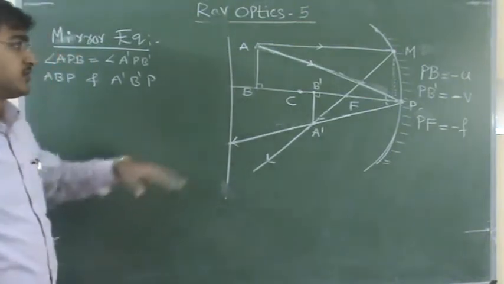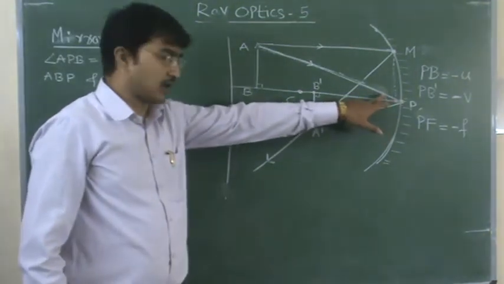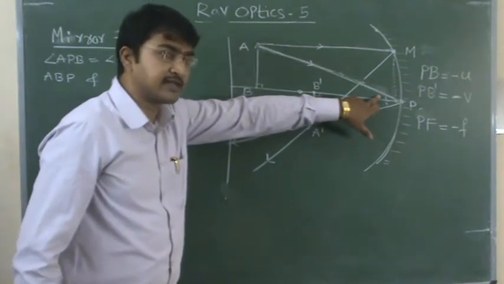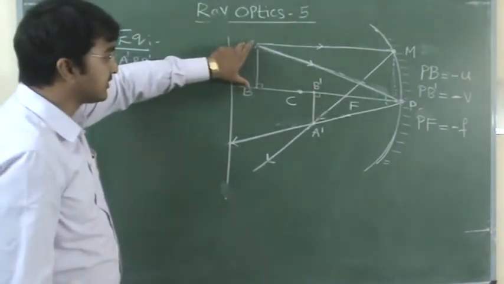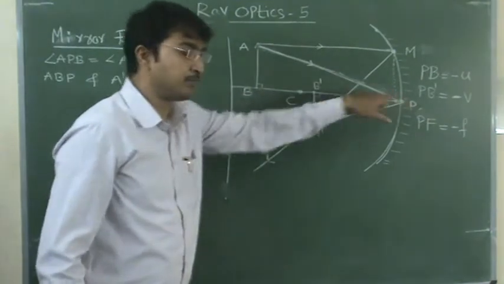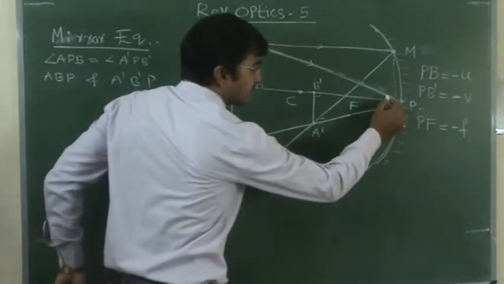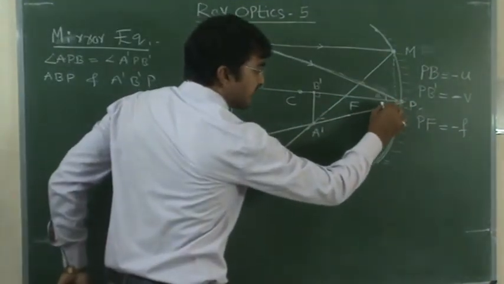So if we assume the angle is theta, then tan theta equals AB divided by BP. This is also theta.